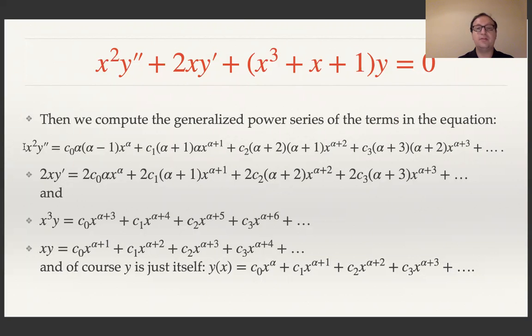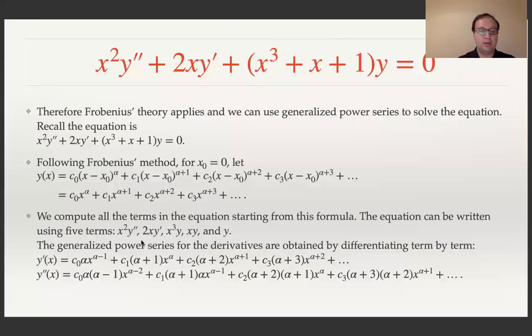Now using these derivatives, let's actually compute the generalized power series of the terms in the equation. So x squared y double prime: we take the power series of y double prime and multiply all the terms with x squared. In the power series of y double prime, the first power is x to the alpha minus 2, but if we multiply it by x squared, we get x to the alpha.